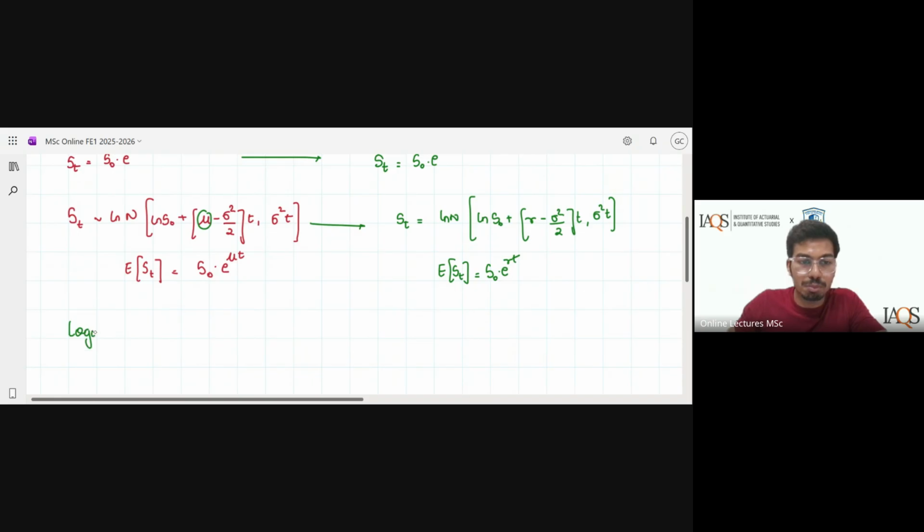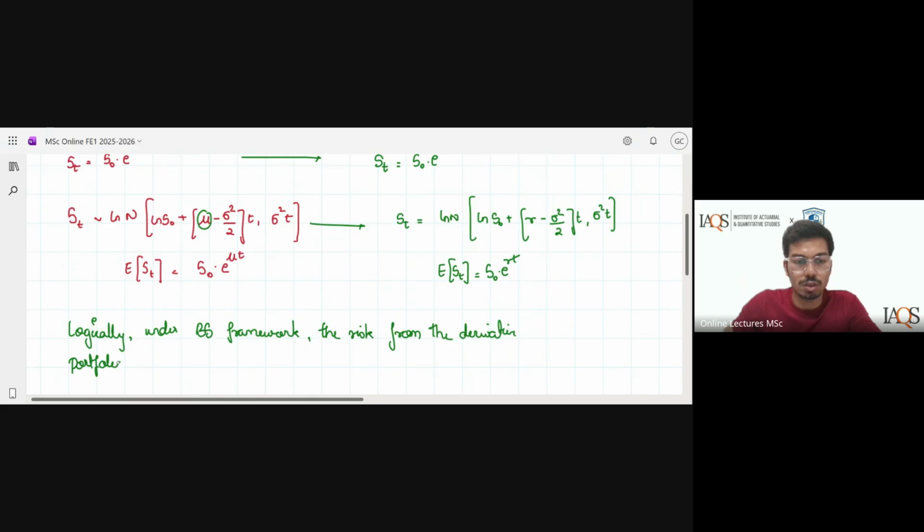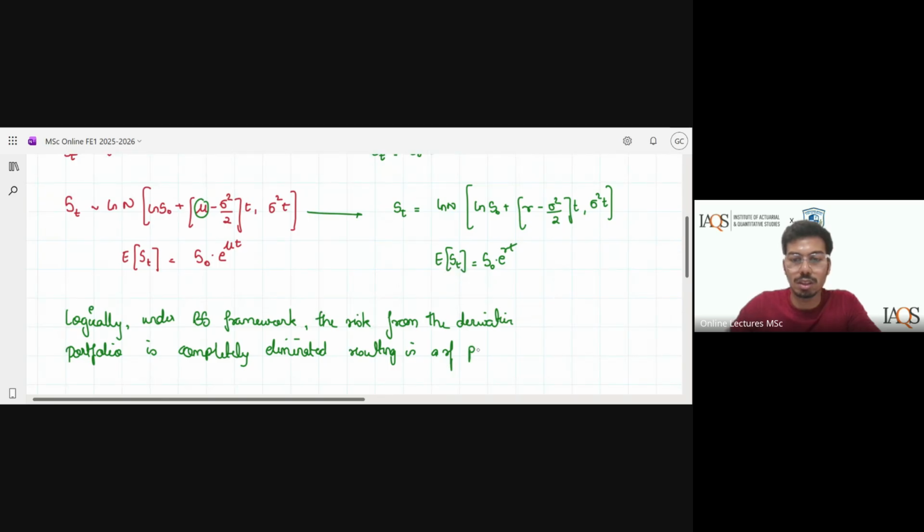Logically, under the Black-Scholes framework, the risk from the derivative portfolio is completely eliminated, resulting in a risk-free portfolio. All right. Does this ring any bell?